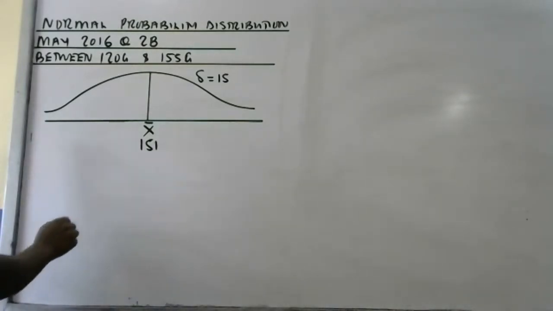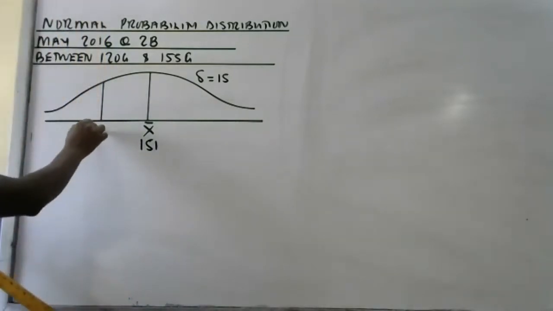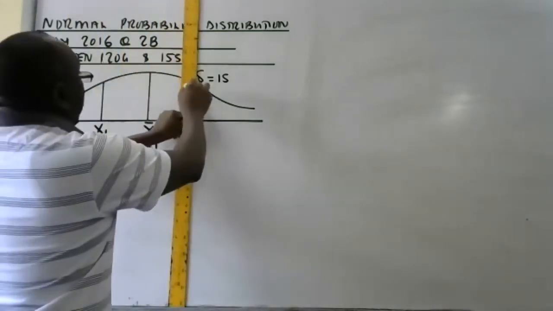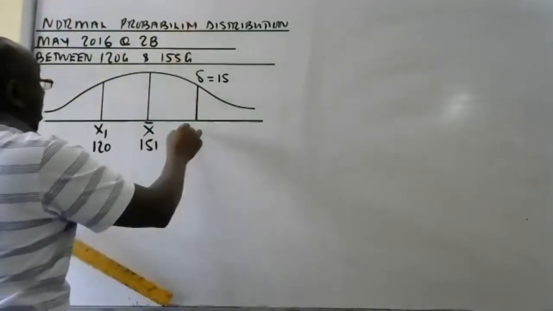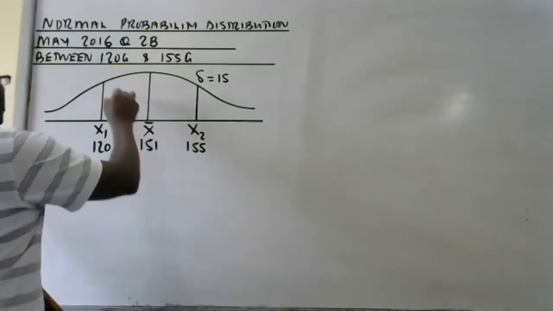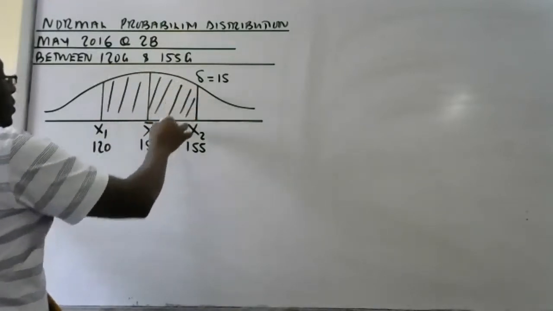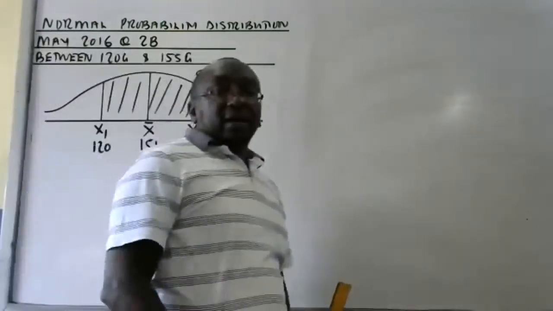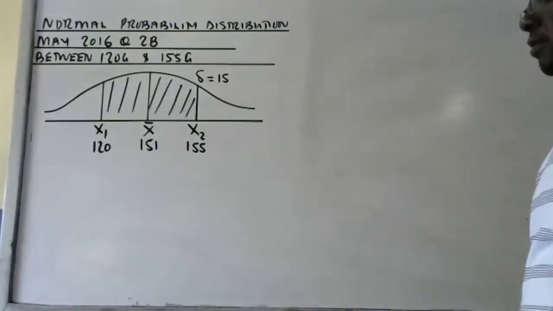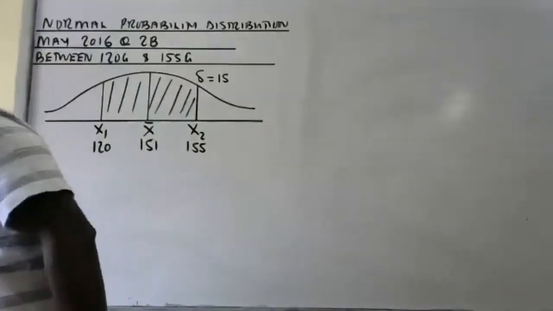So 120 is somewhere here. So this is X1, 120. 155, we put it somewhere here and call it X2, 155. So you shade the area that you desire. So we are looking for the area between 120 and 155.